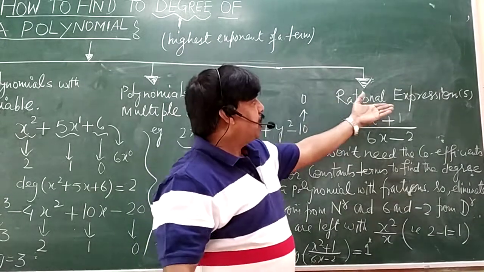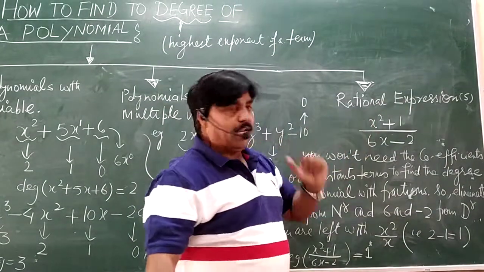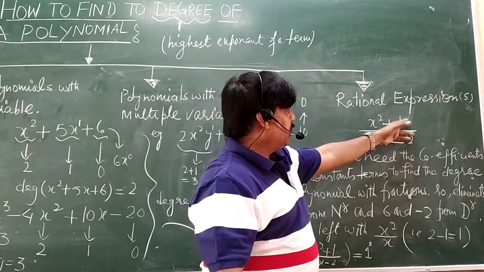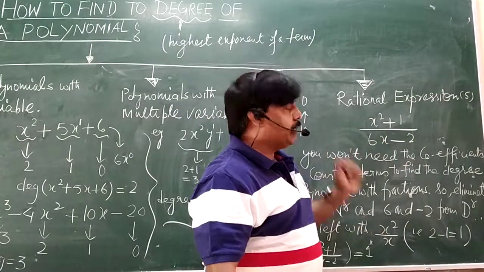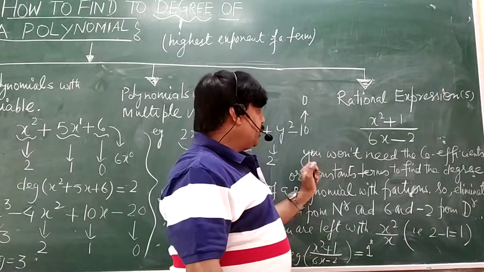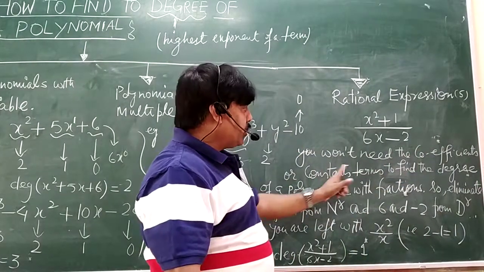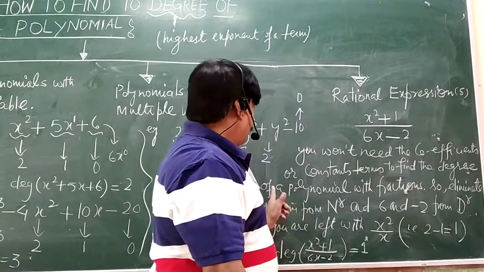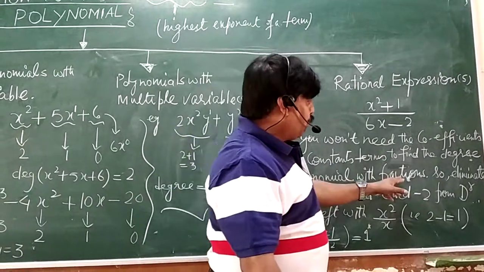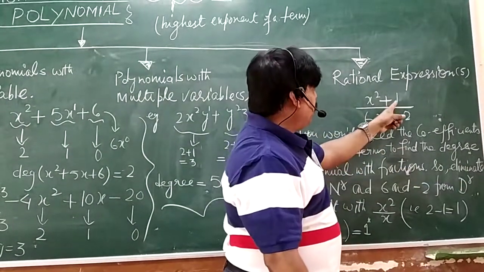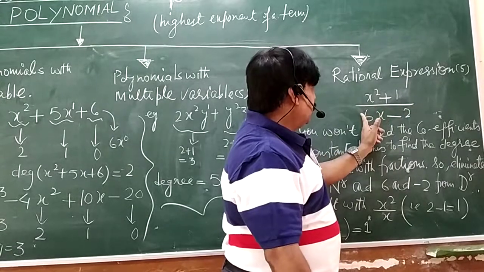Sometimes a rational expression of one variable is given, like x square plus 1 over 6x minus 2. This example I have taken. The important point is that you don't need the coefficients or constant terms to find the degree of a polynomial with fractions. So here we will eliminate this 1, 6 and minus 2.